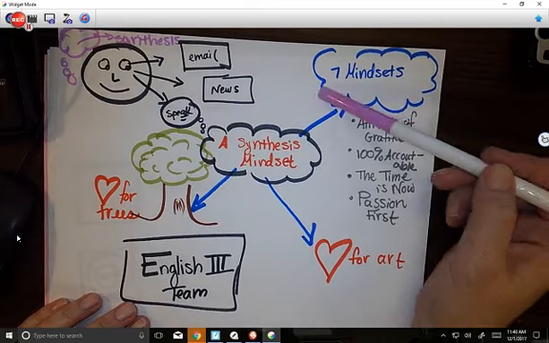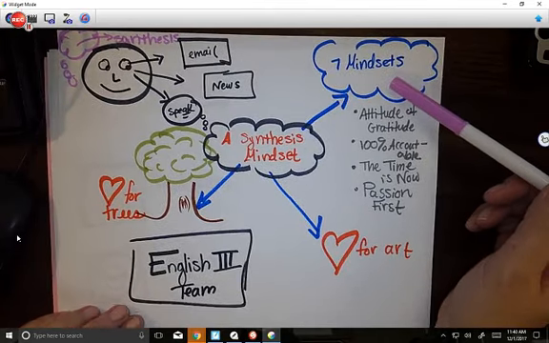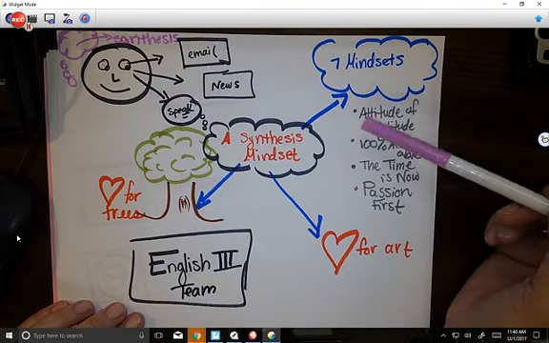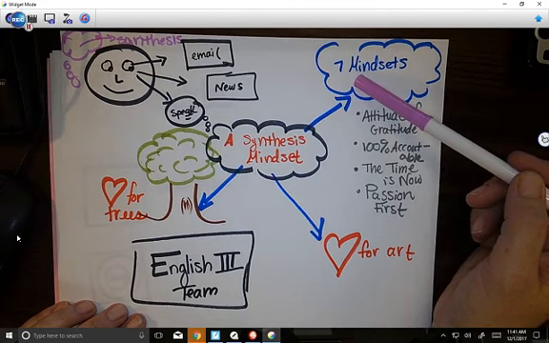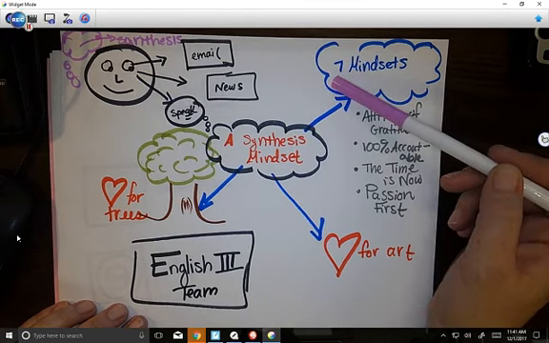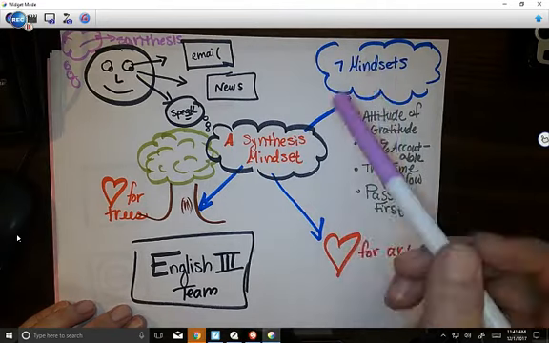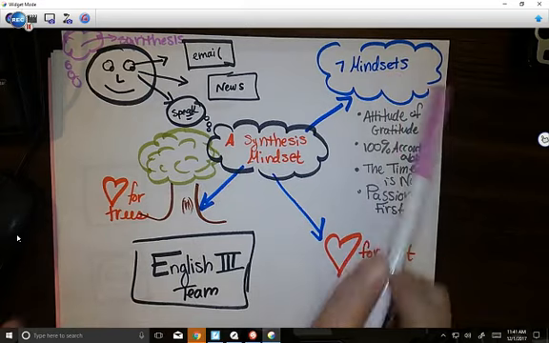With the 7 mindsets at our school, we have to remediate students that have failed the state test. So during our advisory period, English and math teachers are required to remediate students that have not passed. All the other students were put into classes and given the curriculum of the 7 mindsets.